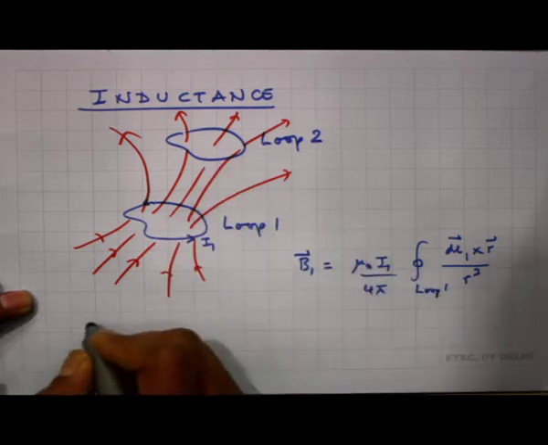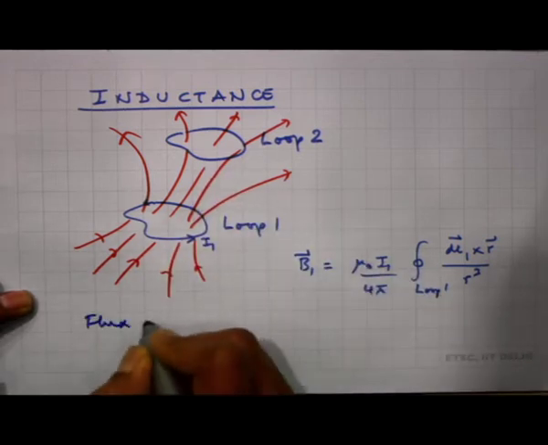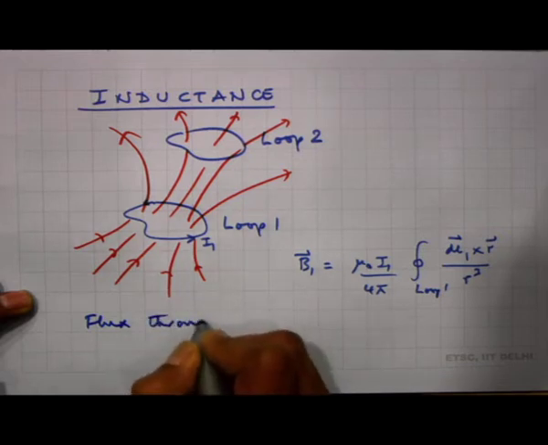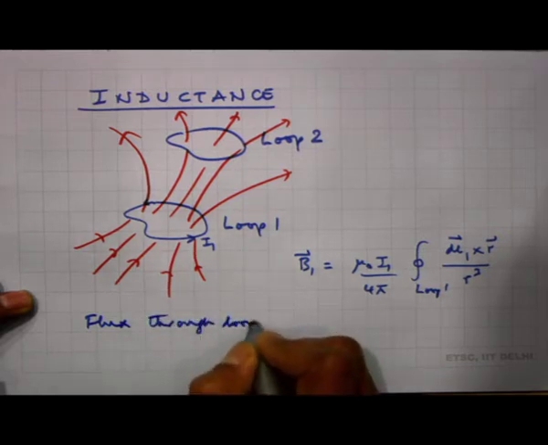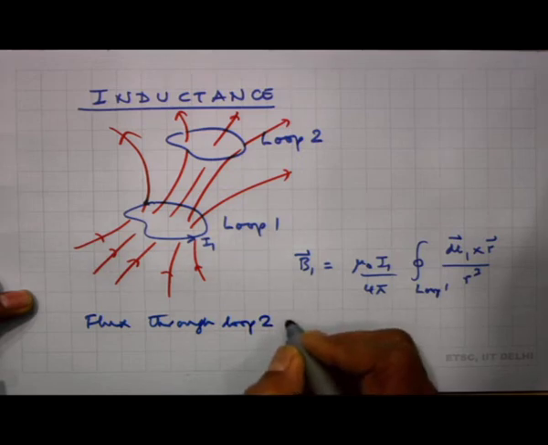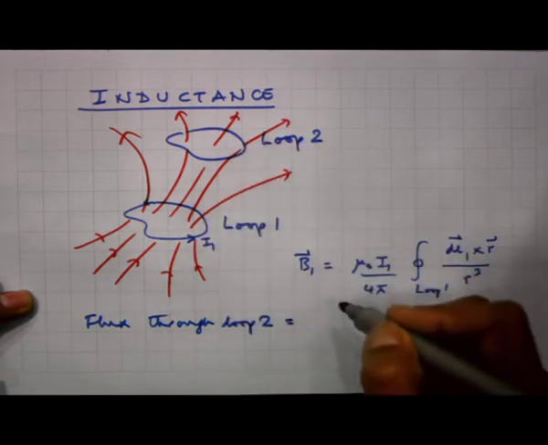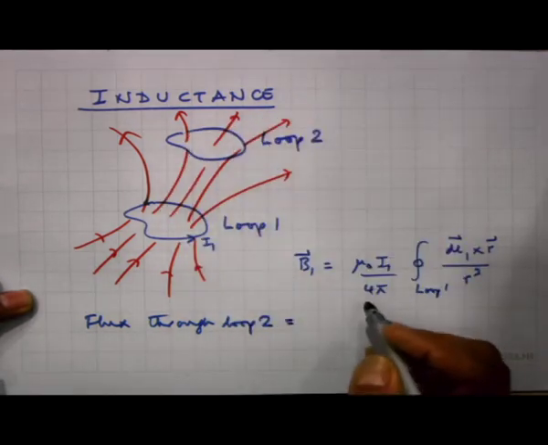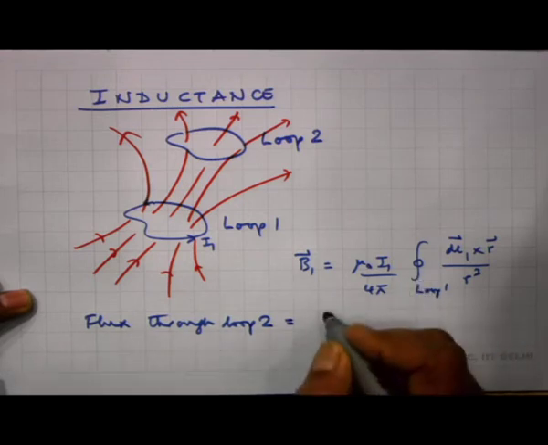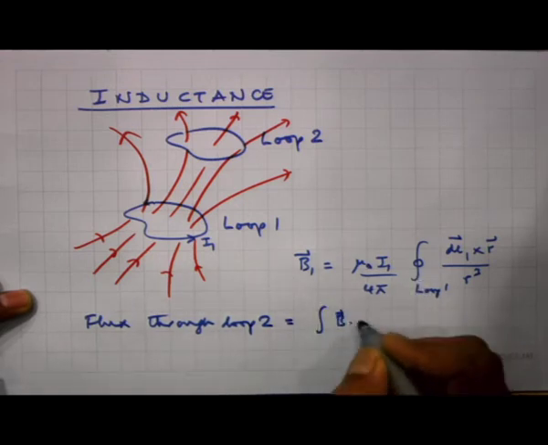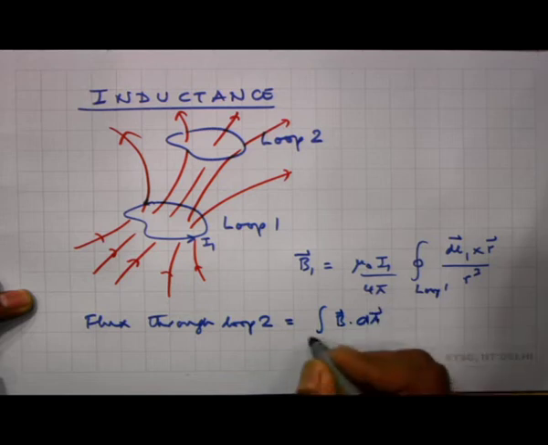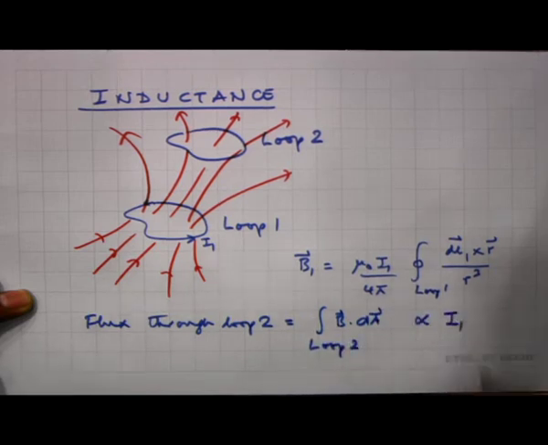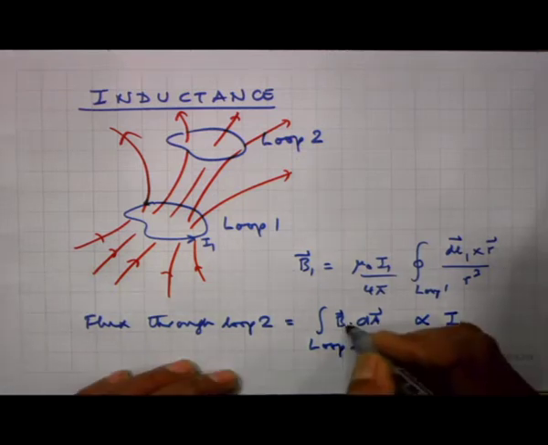And so the flux through loop 2, which is equal to the magnetic field into this area, actually the integration of B dot dA, so this is B dot dA over loop 2, will be proportional to I 1. Note here, so B 1 dot dA 2.